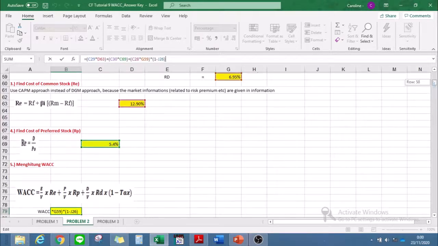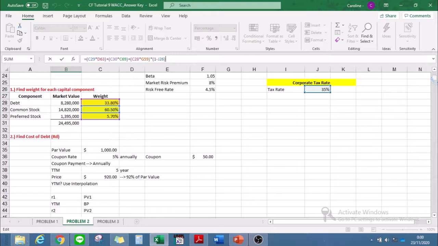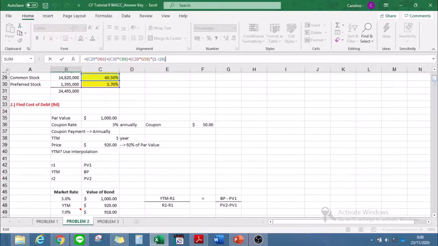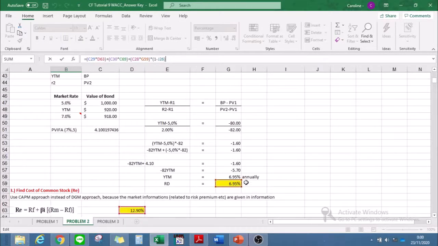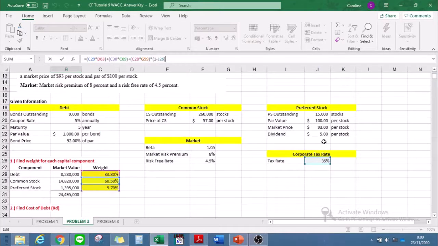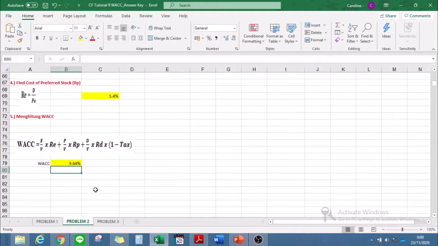The D per V is 33.80%. Multiply it with the YTM, and then don't forget to multiply it with 1 minus the tax rate. In this case, the tax rate is 35%. So you find that the WACC, or the weighted average cost of capital for the company, is 9.64%.